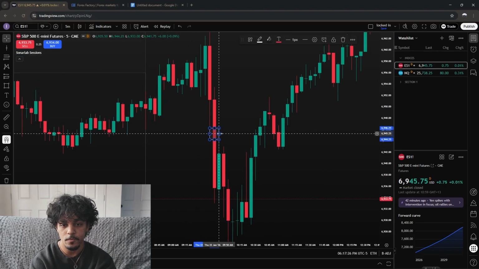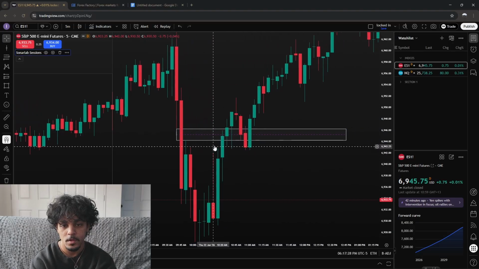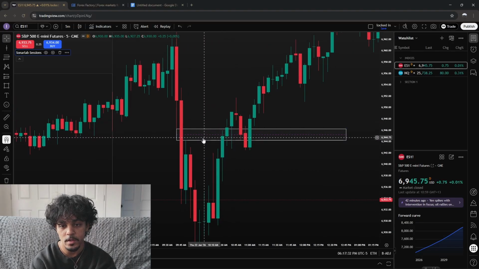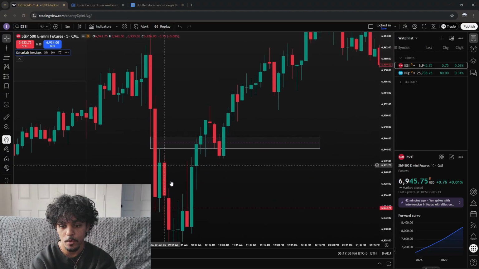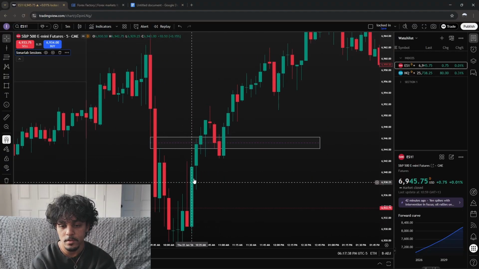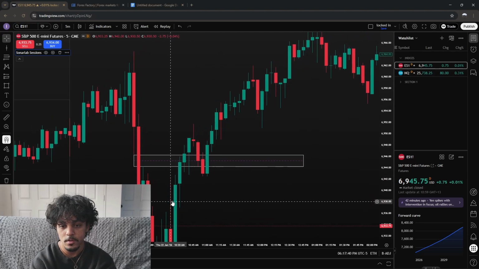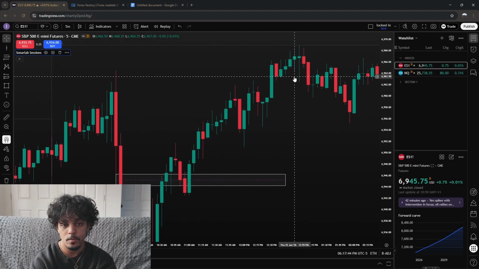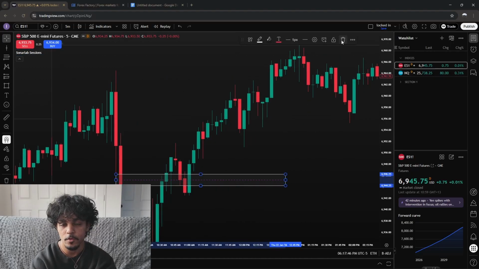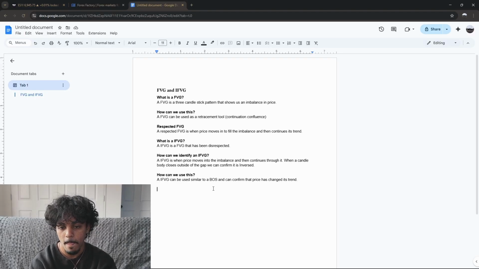We create a fair value gap. We have a candle that closes above the fair value gap and invalidates it. And we can confirm that from a downtrend, price has changed trends, and we can confirm here that price is now in a different trend and has reversed its trend.